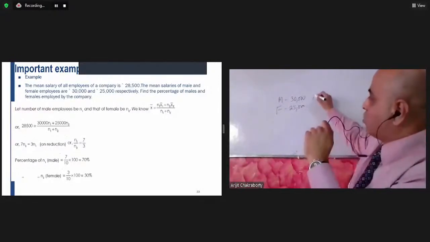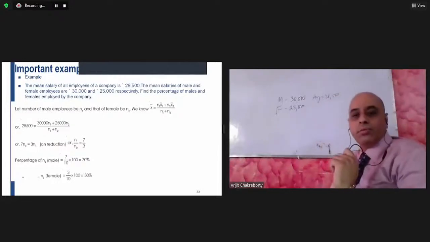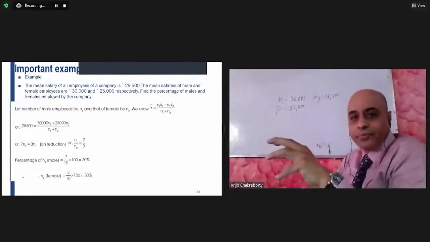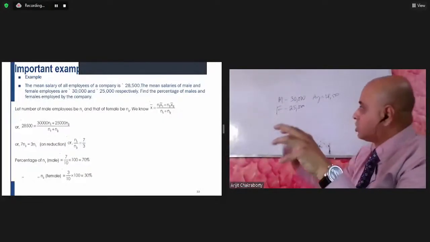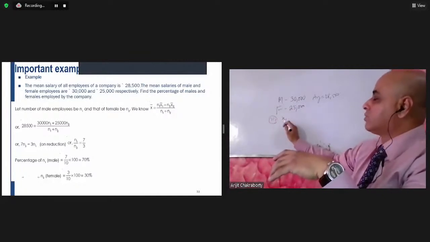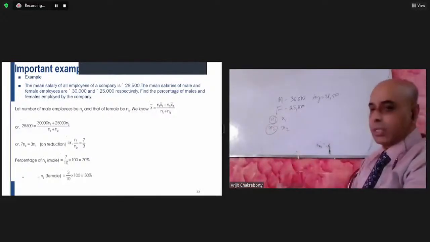The overall average is 28,500. Now we know the formula. If there are two groups, say with number N1 and average X1, N2 is the number of the next group, and X2 is their average.